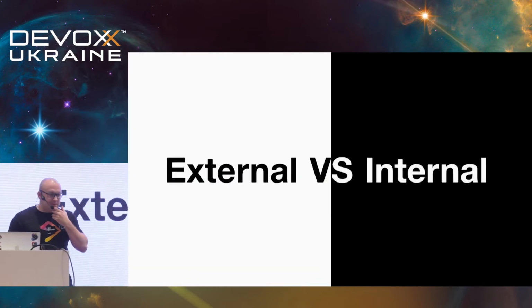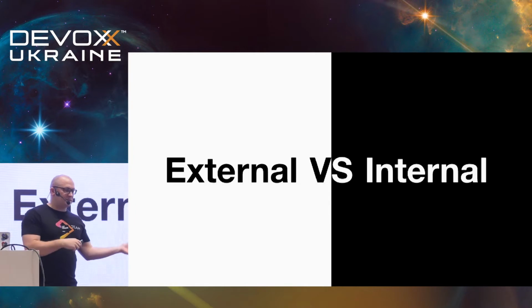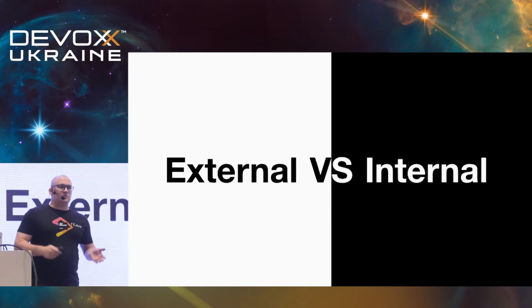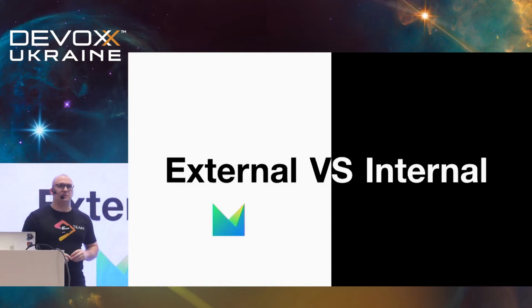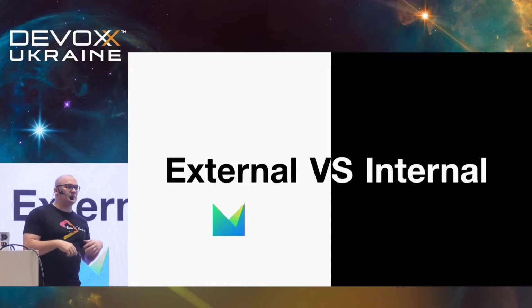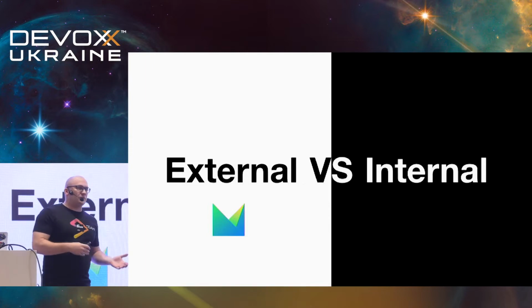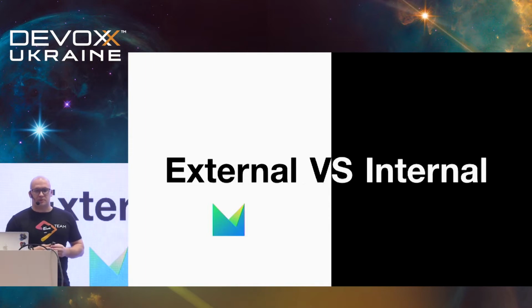And if we talk about the theory a little bit, we can separate those into external and internal DSLs, right? For the external DSLs, you implement a grammar, you could implement a parser, you have to build tooling support, and there are some frameworks and workbenches to implement external DSLs.